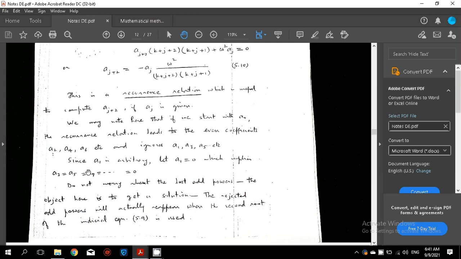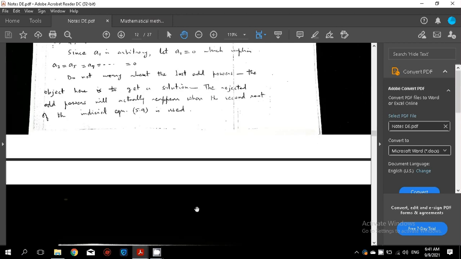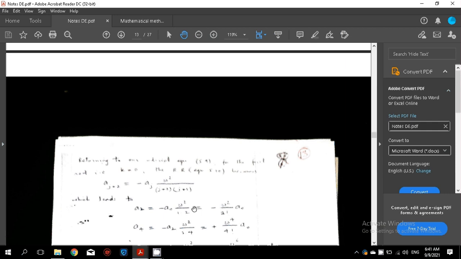Don't worry about these missing coefficients, because the even coefficients make up half of this infinite series, and half of an infinite series is also an infinite series. So as long as you get even coefficients or odd coefficients or both, you will be able to write your solution.